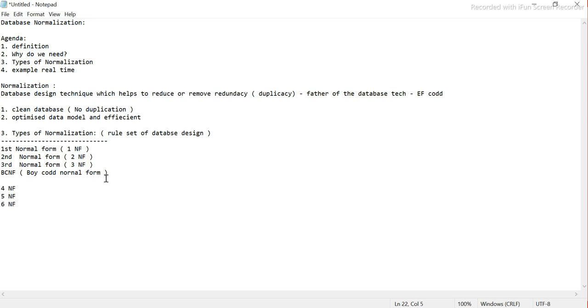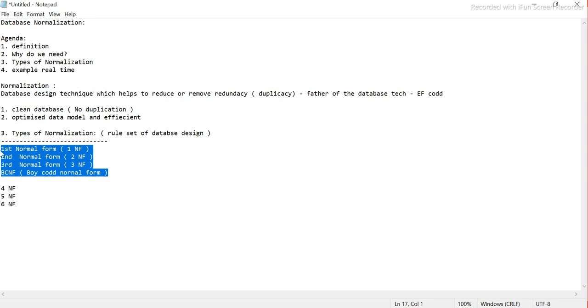So today in this session we will try to cover up to BCNF, as these are the prime important normal forms. In interviews, I do not expect someone to ask you about fourth, fifth or sixth normal form, because they are not really practical. I'm not denying they are used, but I would say 90% of projects do not go beyond BCNF.